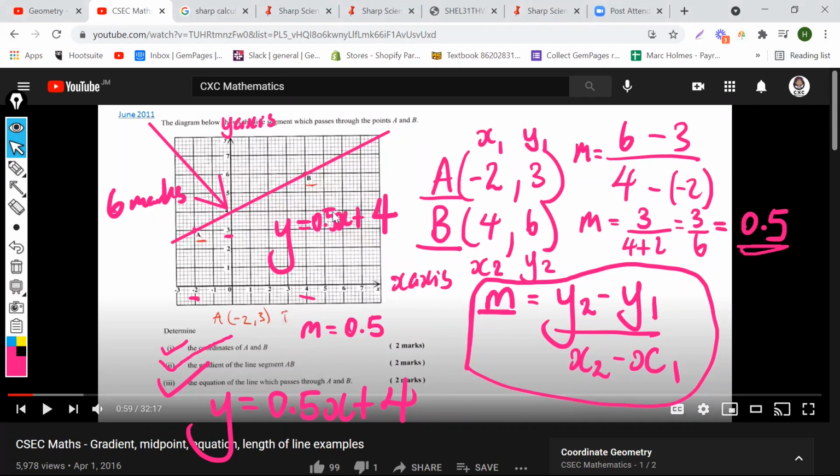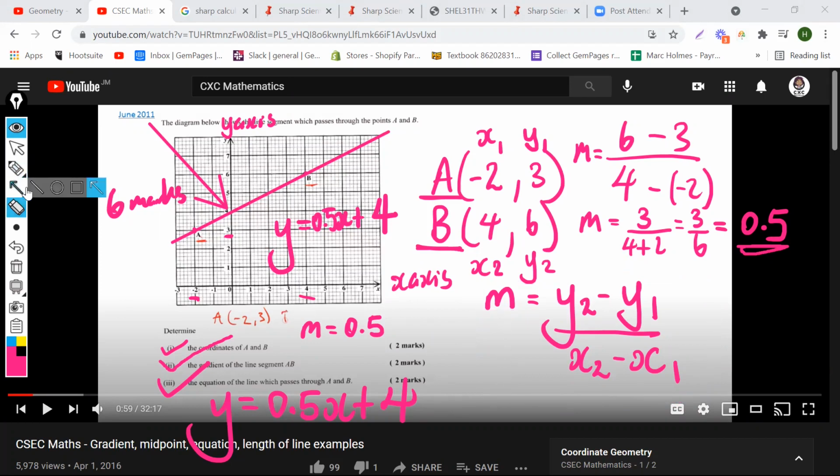Okay. So remember, these are the 2 points that they give us, A and B. To find the gradient, this is the formula we have to use, Romario. The gradient is equal to y2 minus y1 over x2 minus x1. A is the first point, so that would be x1 and y1.